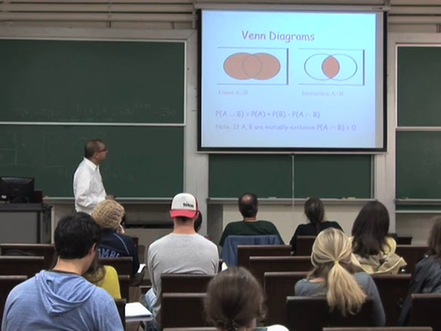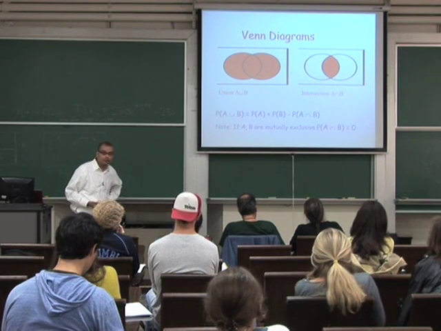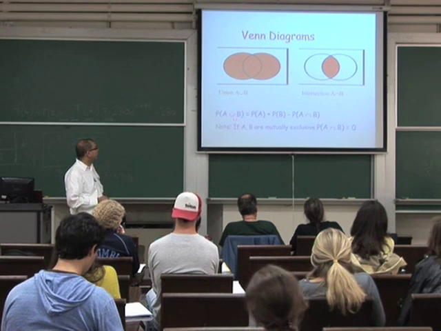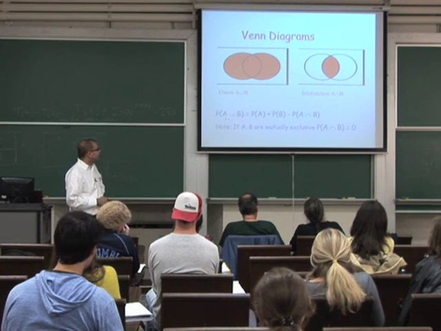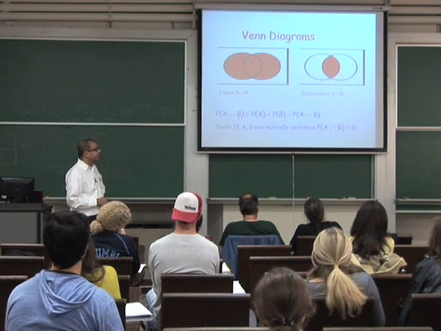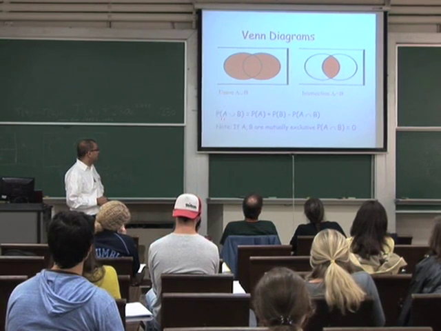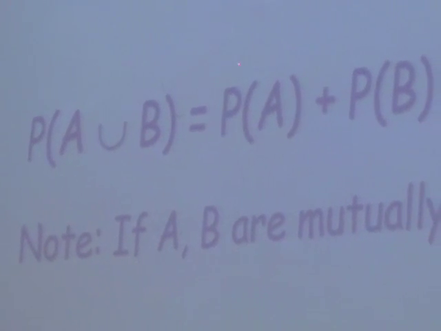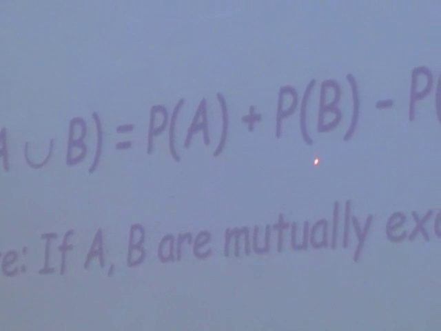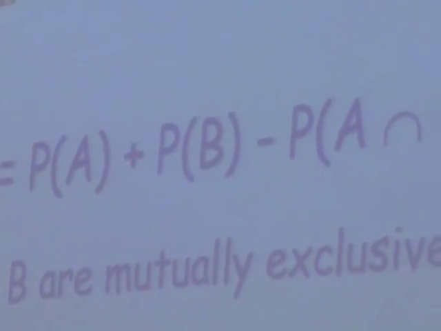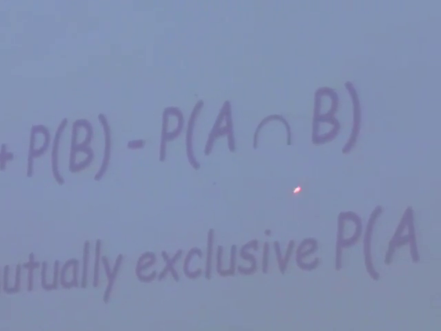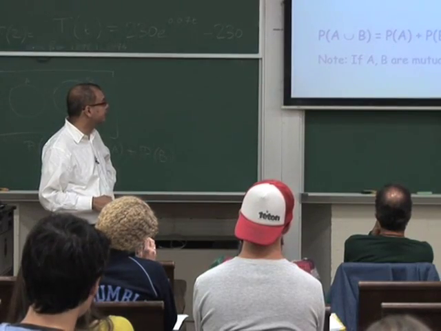So the probability of A union B, or A or B, is the probability of A plus the probability of B minus the intersection probability, right? Of course, if A and B are mutually exclusive, then that's 0.